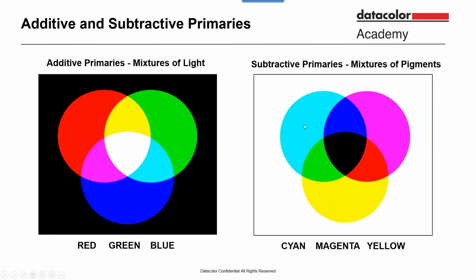The cyan is going to remove red light, the yellow is going to remove blue light, and we're going to be left with green light. In other words, we're subtracting out a portion of the spectrum. If we mix all three together, we get black because we're taking out all the primary colors. Additive color mixing basically happens when we mix lights of different colors, whereas subtractive color mixing occurs when we mix pigments of different materials.